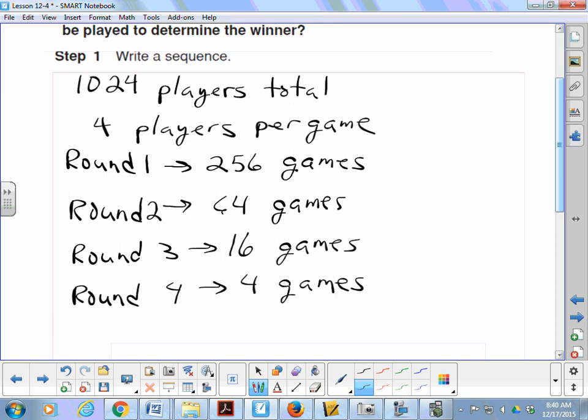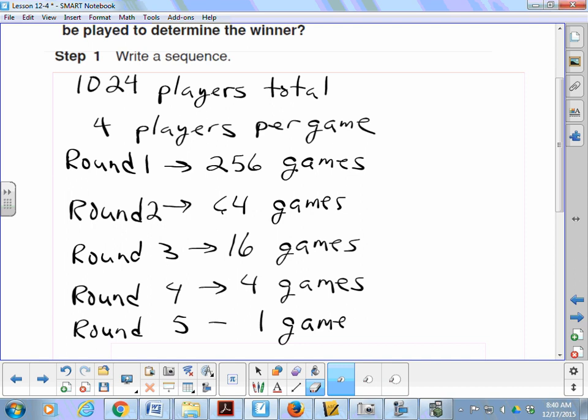Right. Is there a round 5 then? Okay, round 5, there is 1 game. Okay, 1 game.